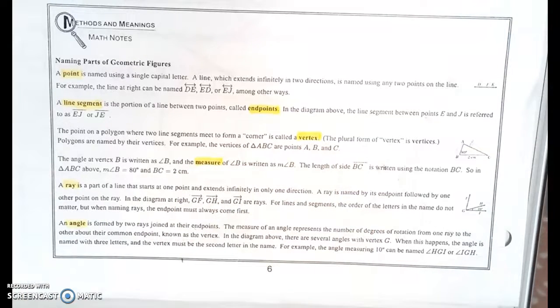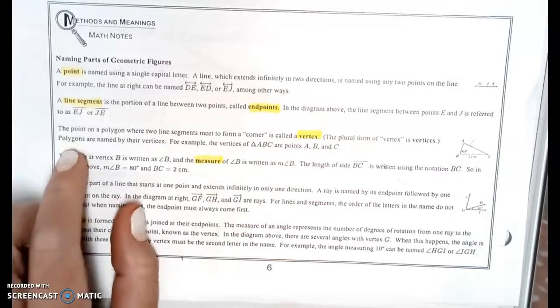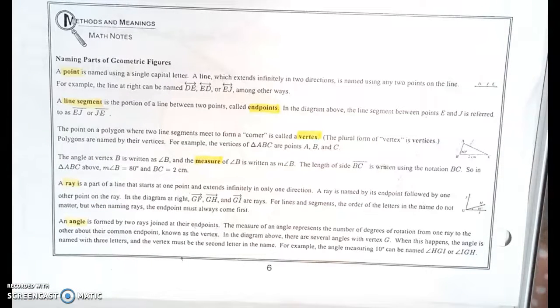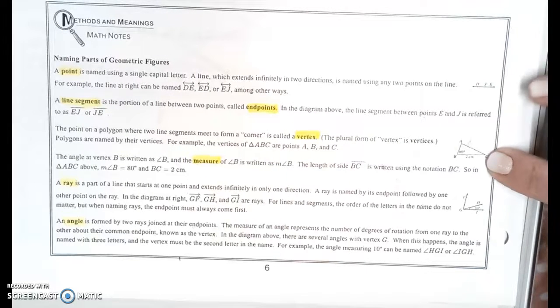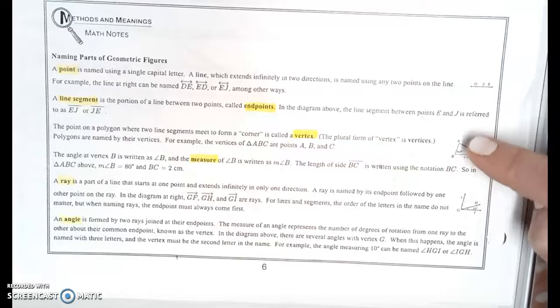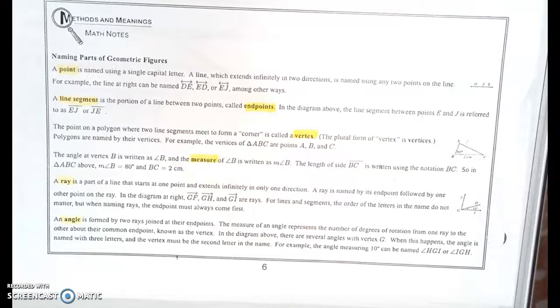The plural of the word vertex is vertices. Polygons are named by their vertices. For example, the vertices of triangle ABC on this triangle over here are the points A, B, and C. So each of those 3 points is a vertex, and that triangle has 3 vertices.